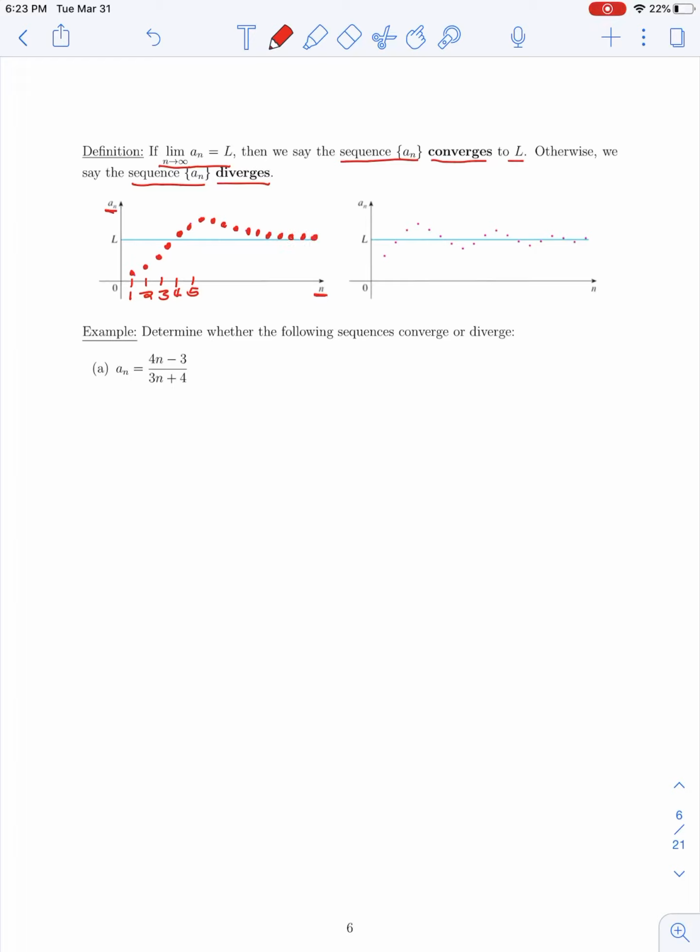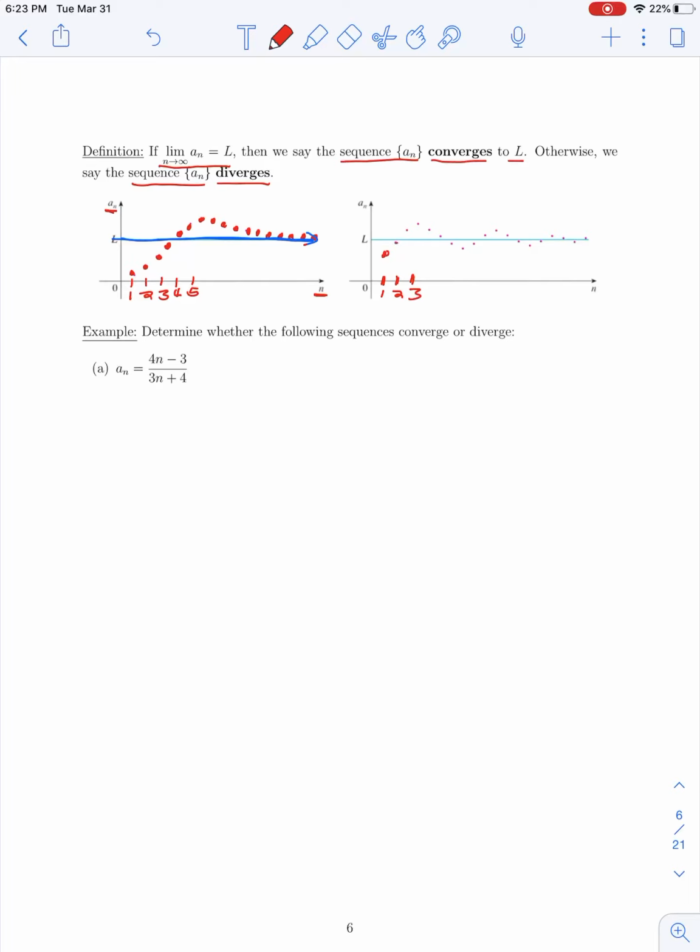And if we look at the terms of this sequence, as n is getting larger, it seems like they're closing in on this constant value, capital L. So if the limit of that nth term is equal to L, we would say that that sequence is converging to L.